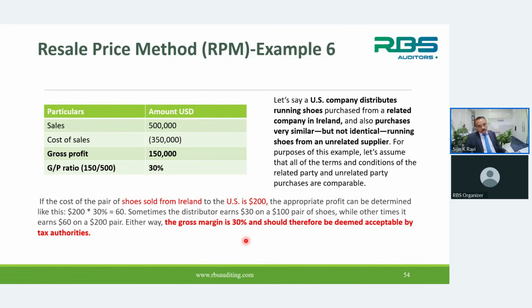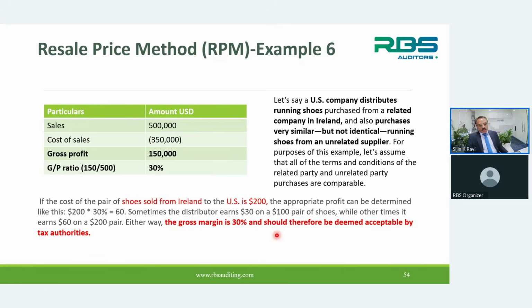That is appropriate. And if the distributor sells the shoes at $100, and still the GP ratio is 30%, the GP ratio is already arrived at from the sales, cost of sales and GP of 150 for that product, so straight away it is 30%.